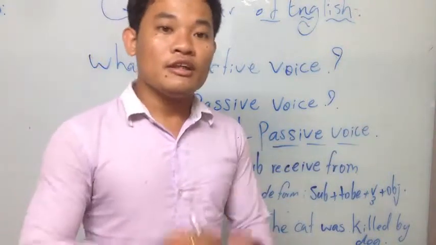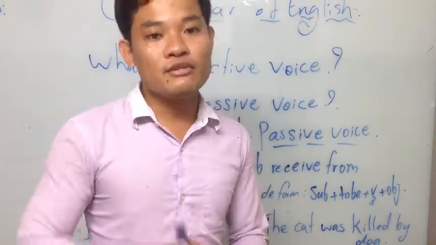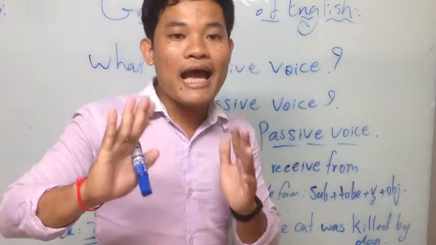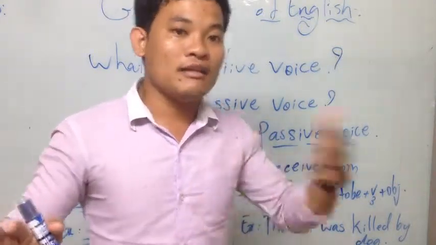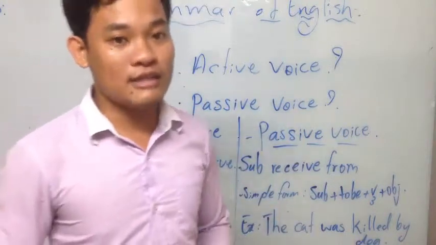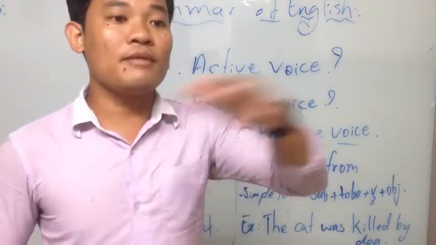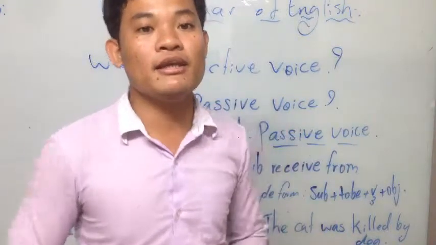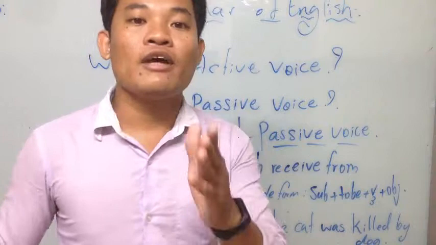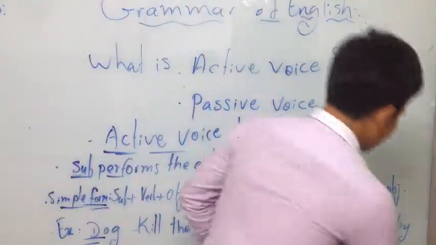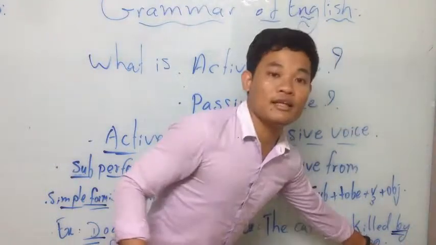In the passive voice, the subject receives the action. This means the subject gets the action at the end of the sentence. It means the subject completes the meaning at the end of the sentence, compared with the active voice.